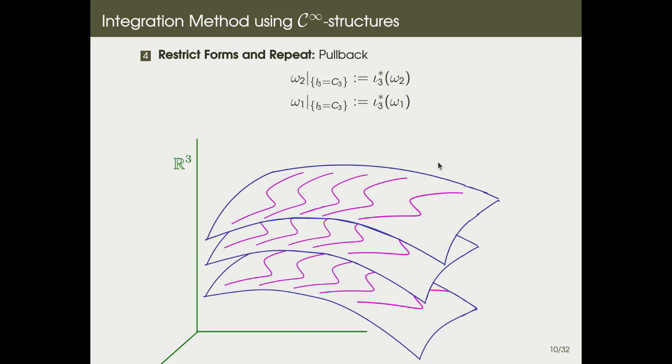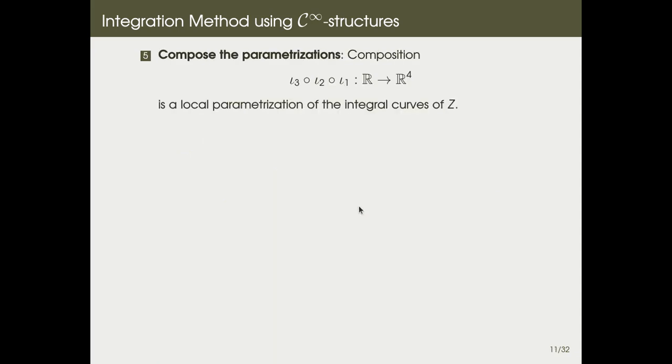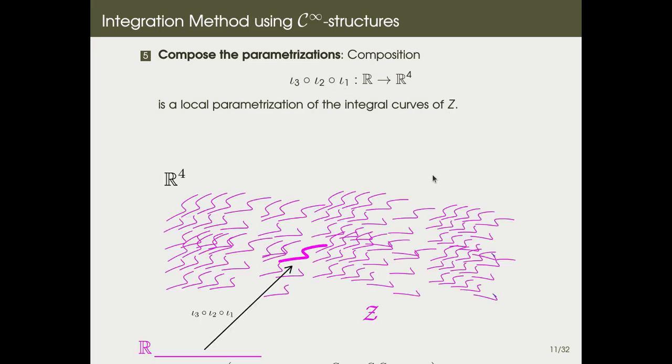We are now inside, where we have another picture here with one level less of the foliation. So we repeat the process with the new omega 2 here, which is now a completely integrable Pfaffian equation. At the end, the composition of the local parameterizations is a local parameterization of the integral curves of S-Gamma. This way, we're finding a parametric expression for the solution of the ODE, for the prolongation of the solution.